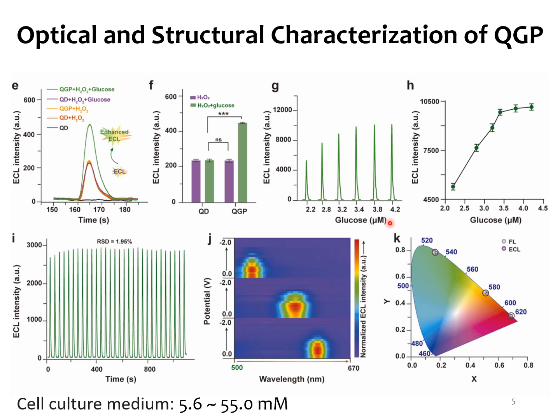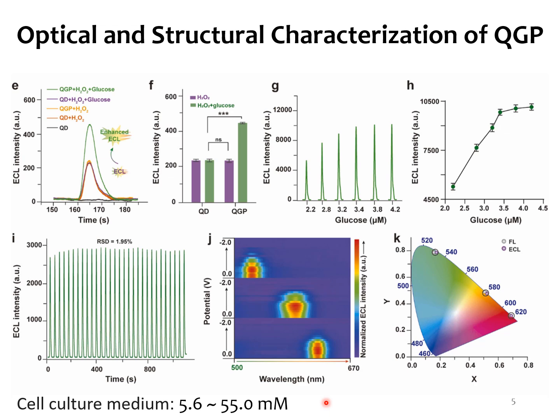The concentration is much lower than in typical cell culture media. Their glucose ranges from 5.6 to 55 millimolar.